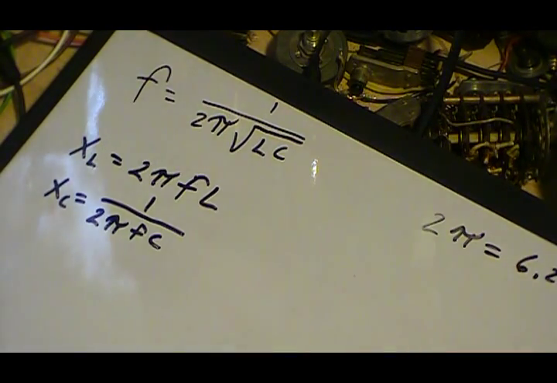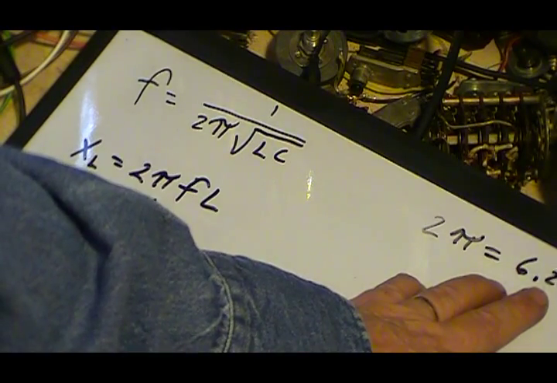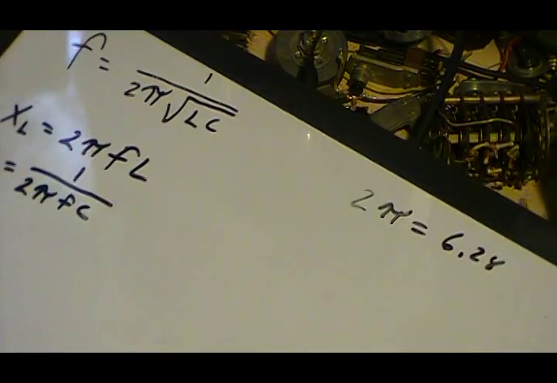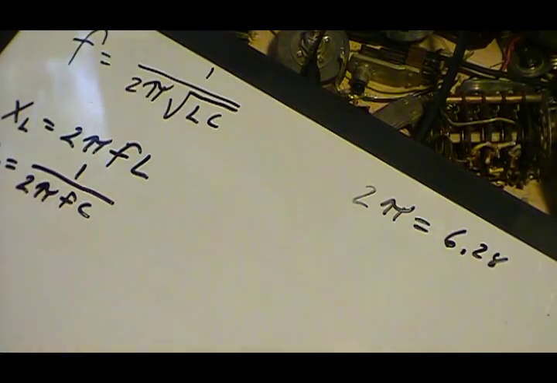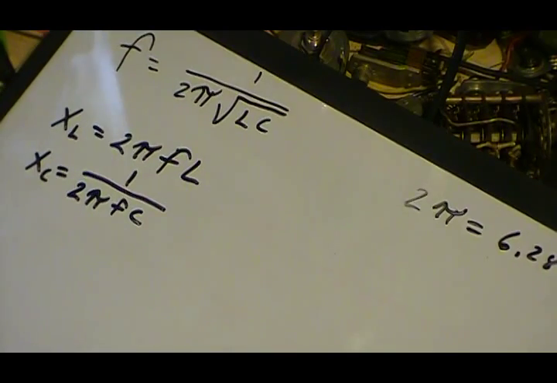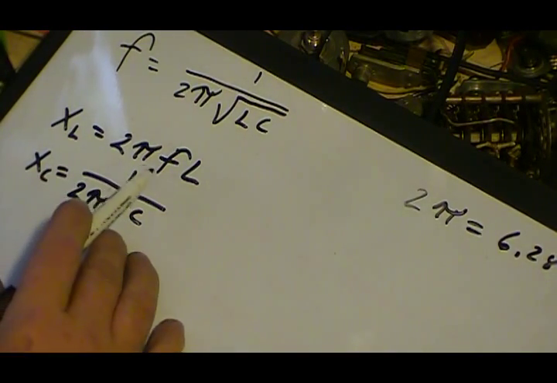Pi is 3.14, 2 times that is 6.28. For the pure math guys out there, yes, I do know that pi goes on forever and never repeats, but for what we're doing, 2 places past the decimal point is perfectly fine. So for 2 pi you can use 6.28. Don't worry about pi.